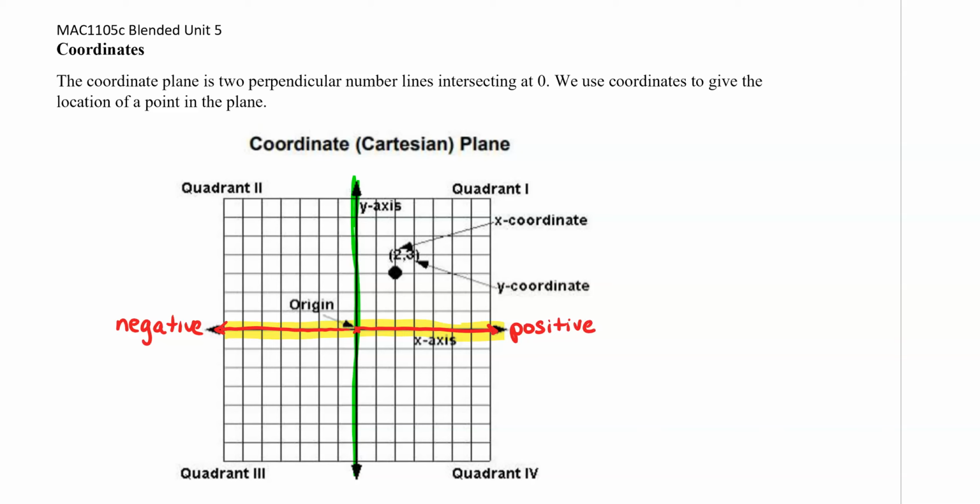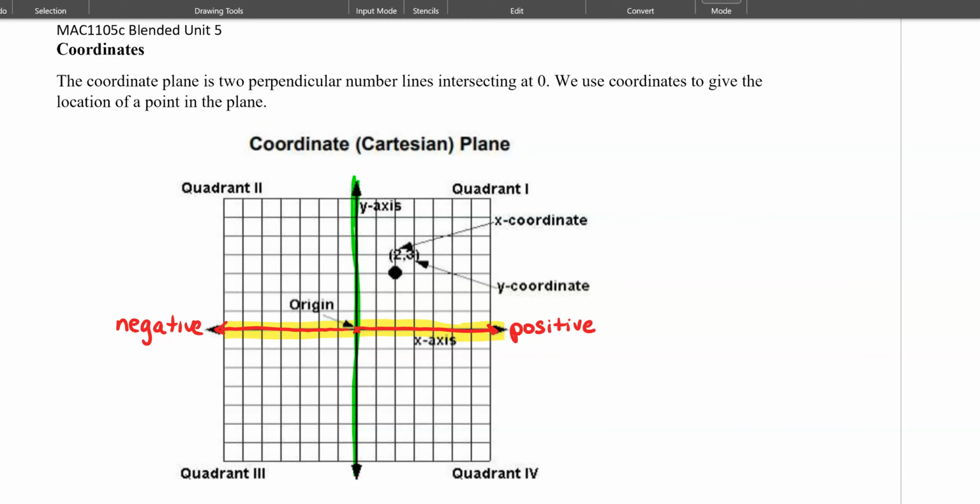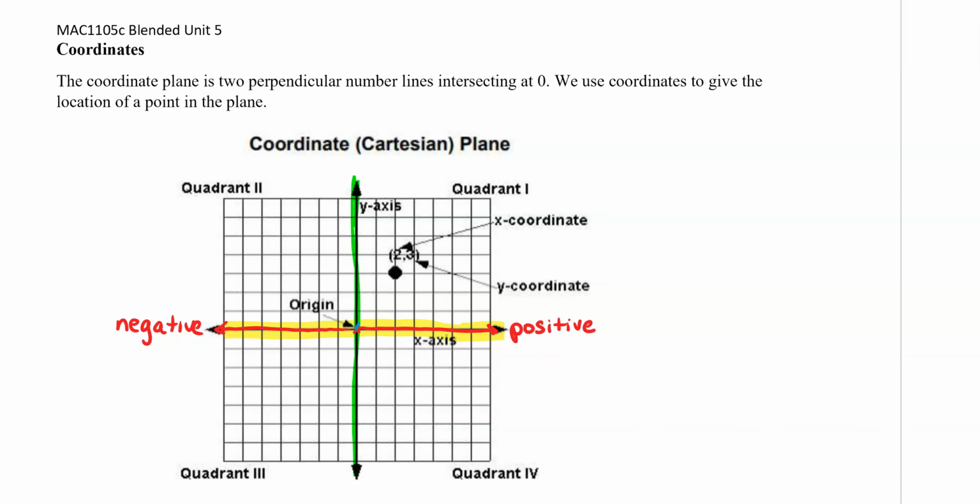But now we're going to do a number line which is up and down. So our up and down number line is called our y-axis. And again, the center is at 0. So going up, up, up will be positive, and down, down, down will be negative.